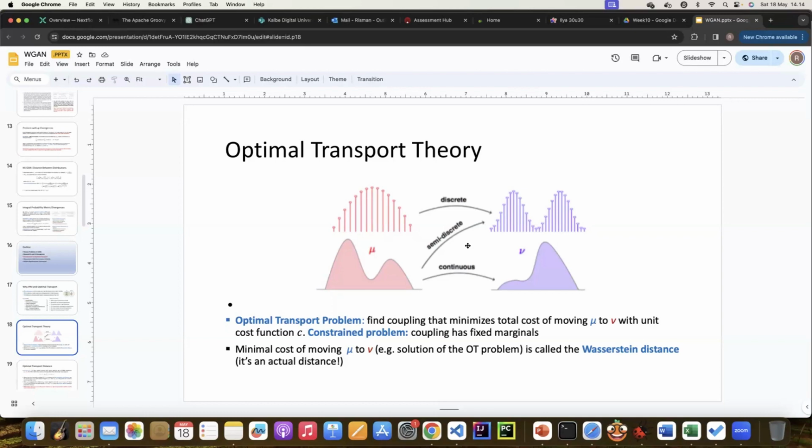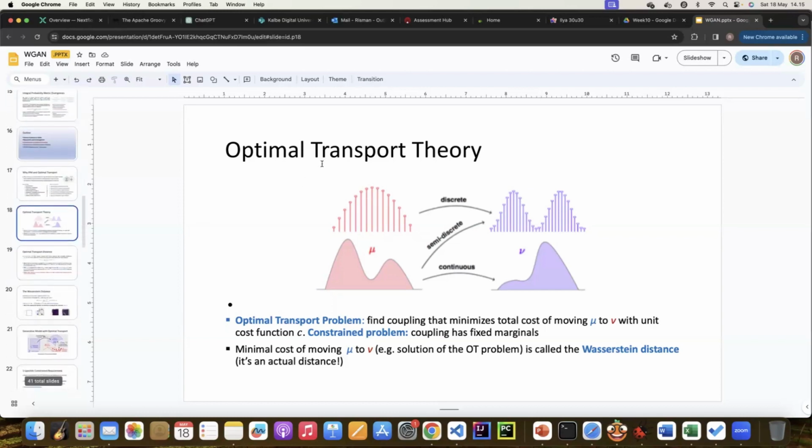So this problem started in 1850. So the initial formulation is like this: find the minimal cost of moving mu to nu.